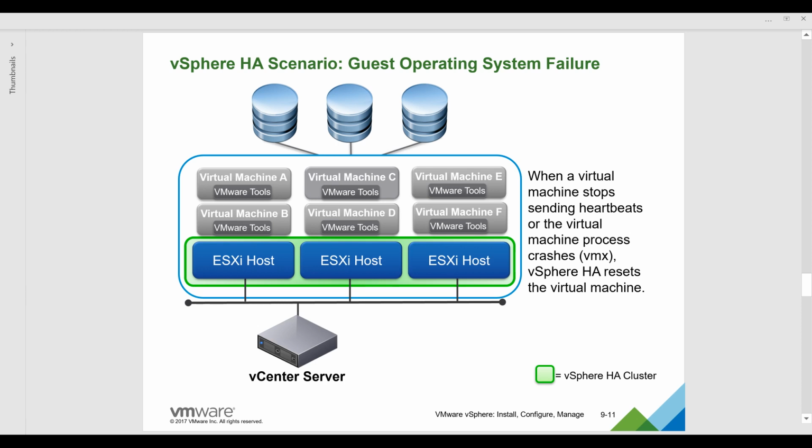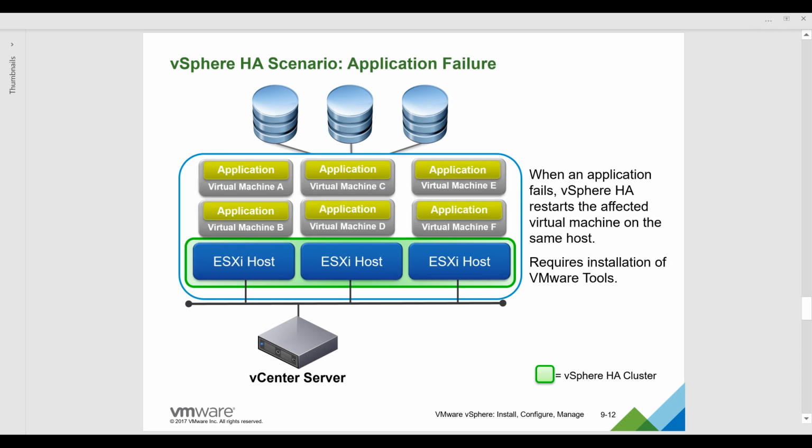Well, vSphere HA can monitor the machine. Now to do this, you're going to need to have VMware Tools installed on that guest operating system. So if something's wrong with the VMware Tools and something's not responding right with Windows, it can restart the virtual machine. And we can also do it with applications.